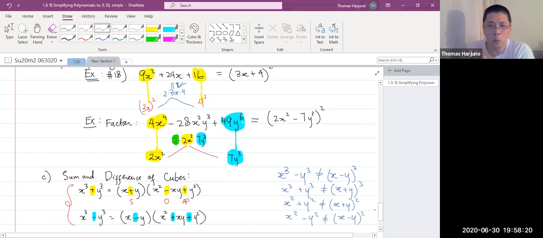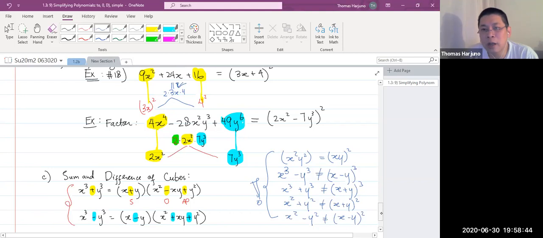So Thomas, where did I see something similar to that? You saw it here, x squared y squared is the same as xy being squared. For multiplication, that's true. But for addition and subtraction, that's not true. So please be aware of this. By this time, you should have memorized it.